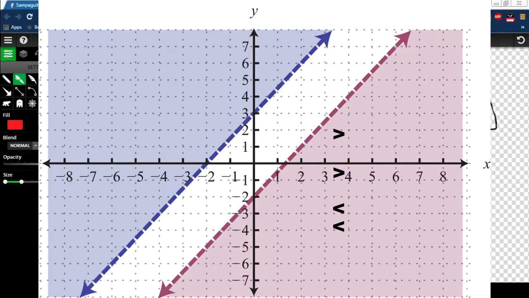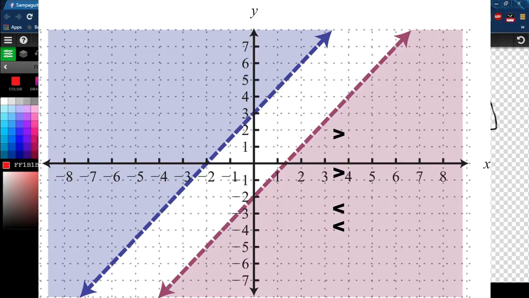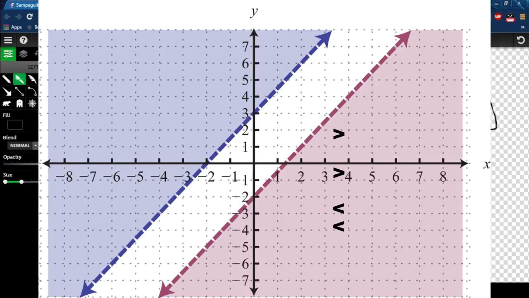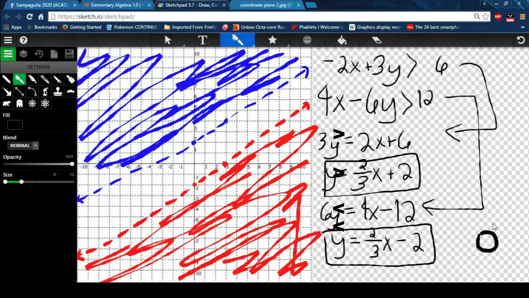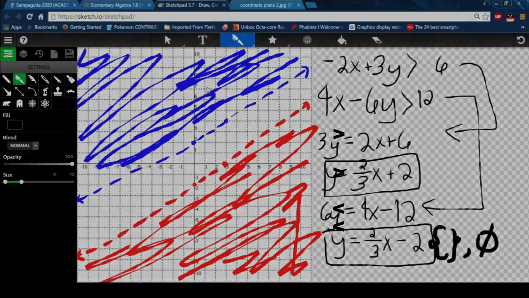Therefore, there are no simultaneous solutions. Basically, the solution set is the null set, or you could also write it as two braces. And yeah, that's the answer.